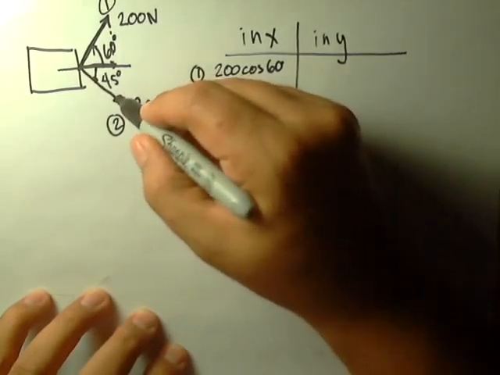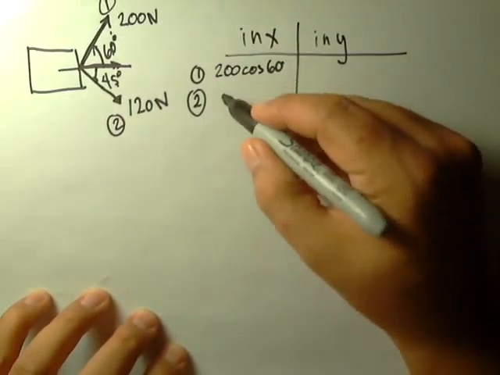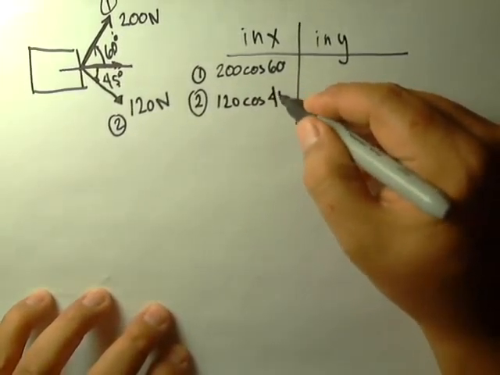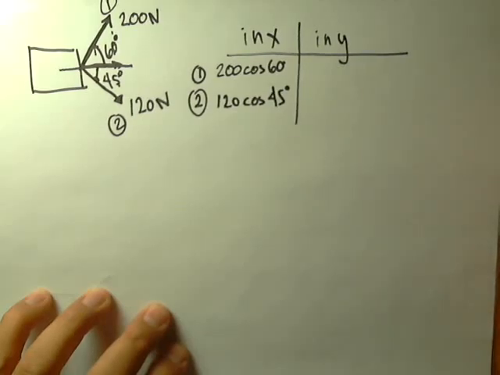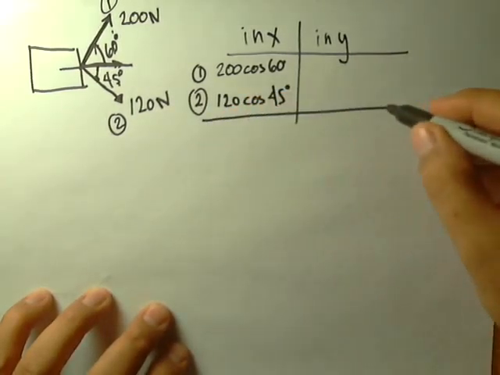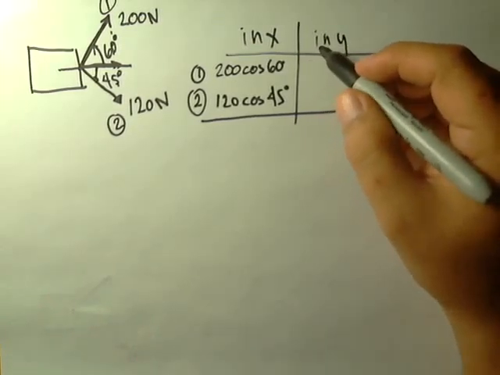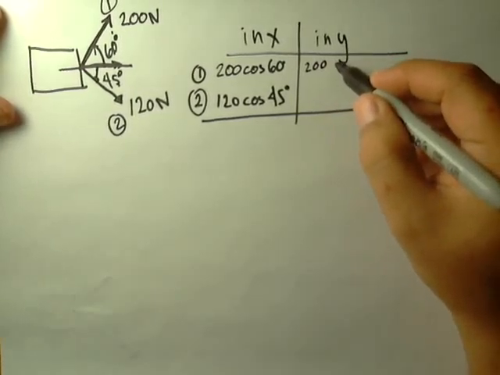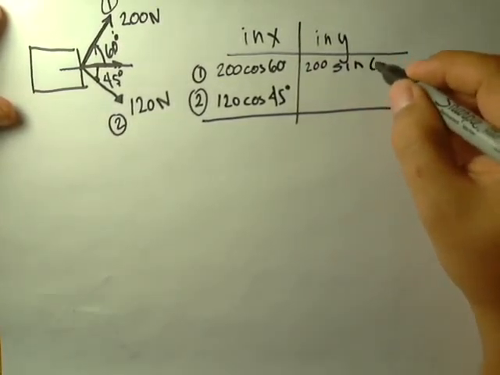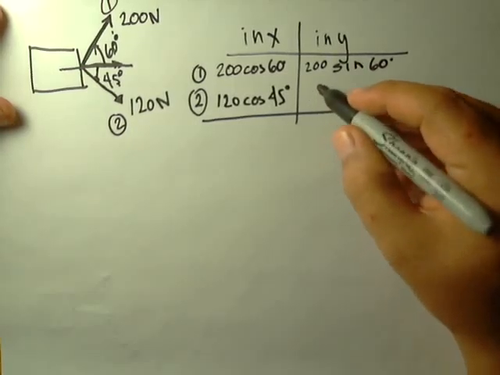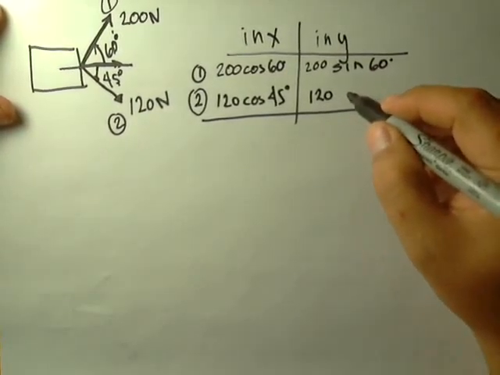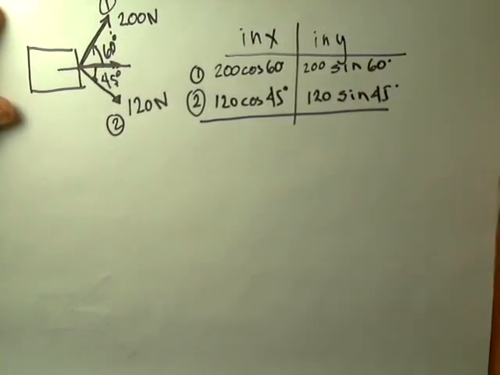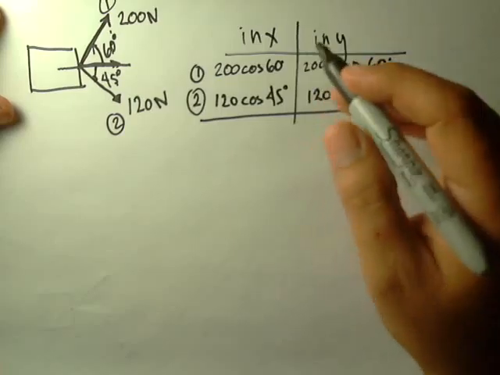We will have 120 cosine of 45 degrees. That's it. Simple. Now in Y, for the first vector, we will have 200 sine of 60 degrees, and on this one 120 sine of 45 degrees. That's mostly it.